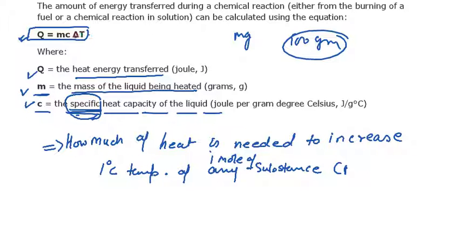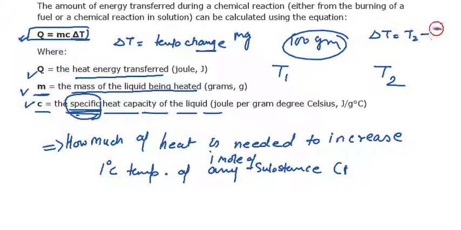And delta T represents the temperature change before the reaction and after the reaction. If I measure the temperature before the reaction as T1 and after the reaction as T2, then delta T is equal to T2 minus T1.